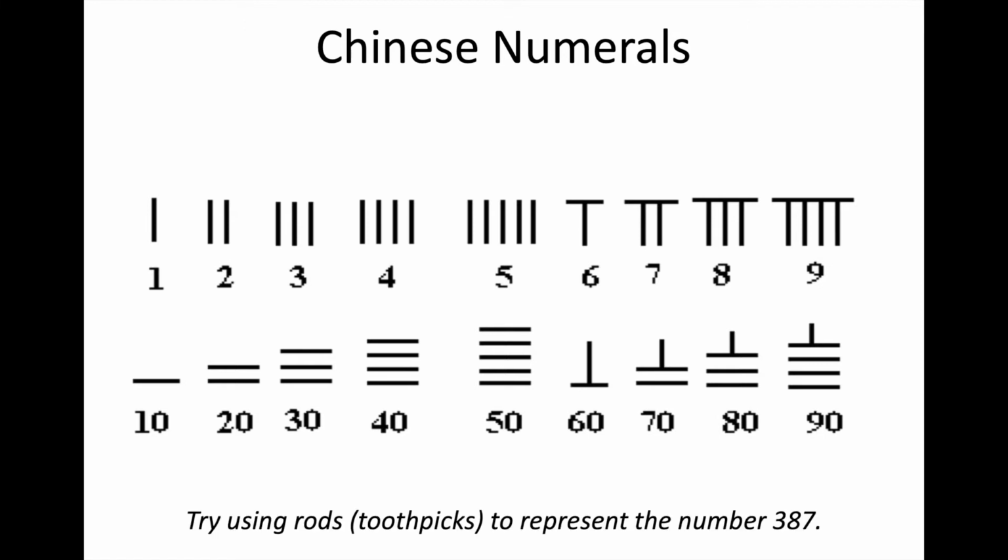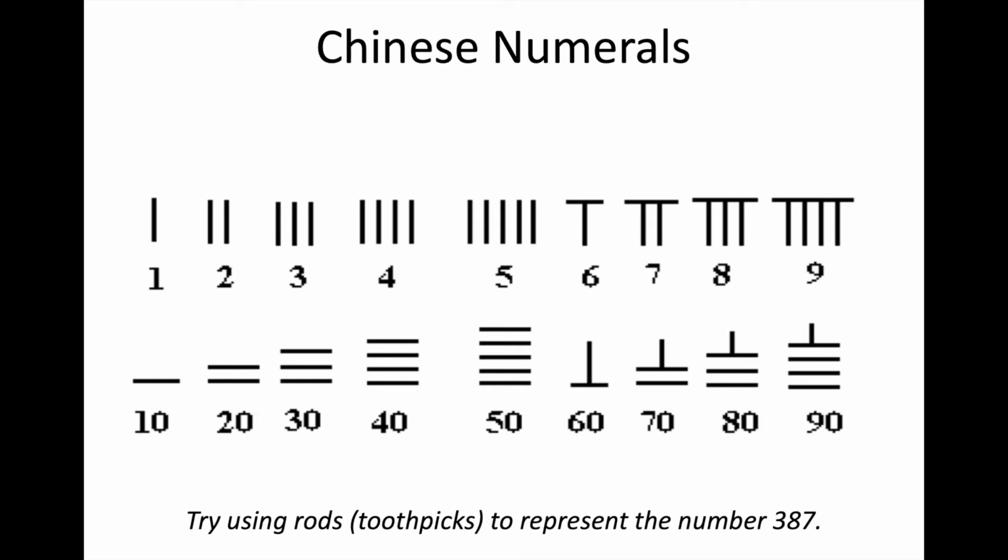So what I want you to do is take a break. This is just a little activity. I want you to pause this movie in just a second and try to represent the number 387 using these Chinese numerals. Now, you don't have the kinds of rods that the Chinese mathematicians would use. They would physically use rods, but we'll use toothpicks as small rods that you might have at home.